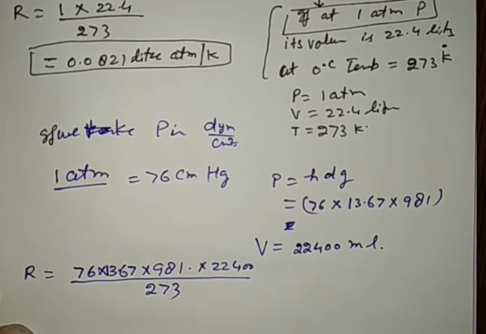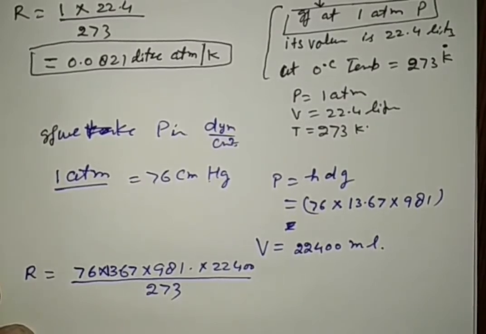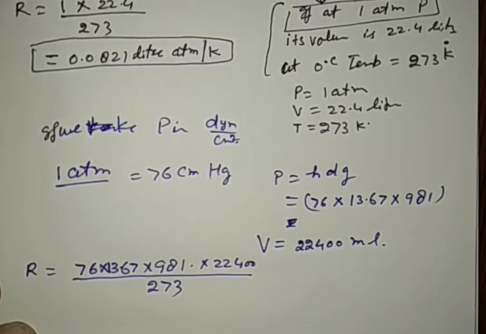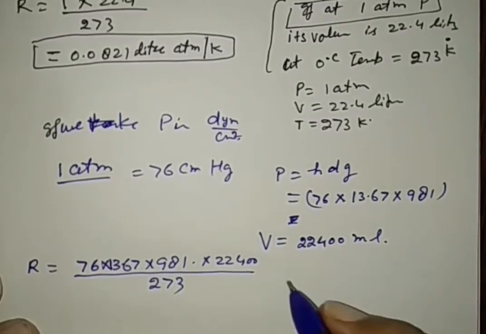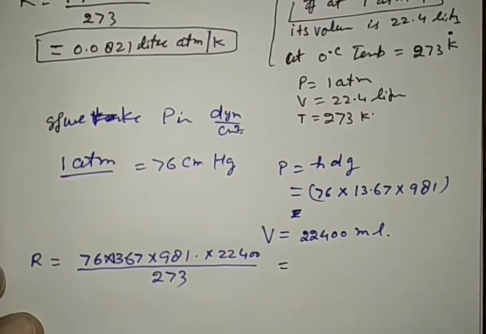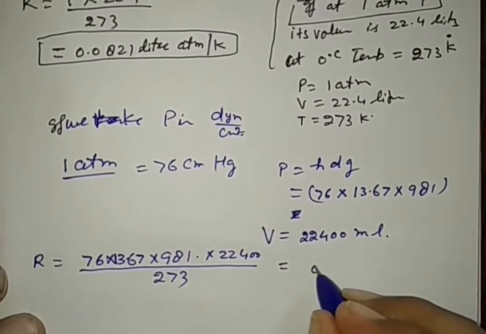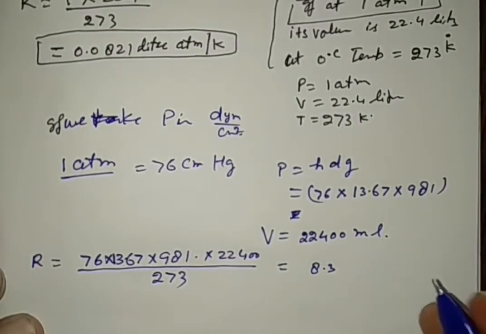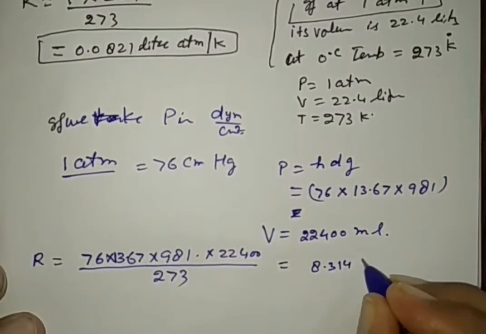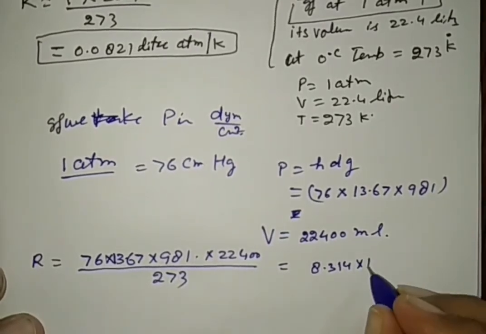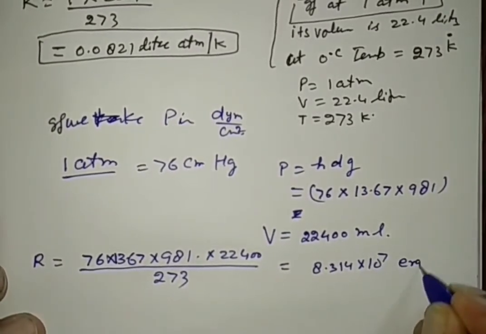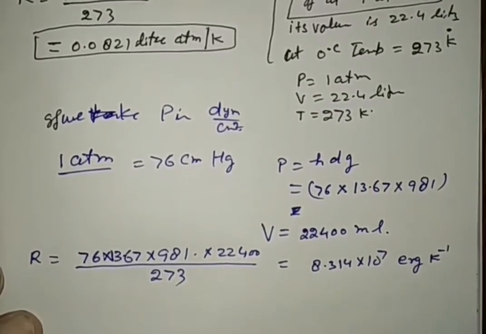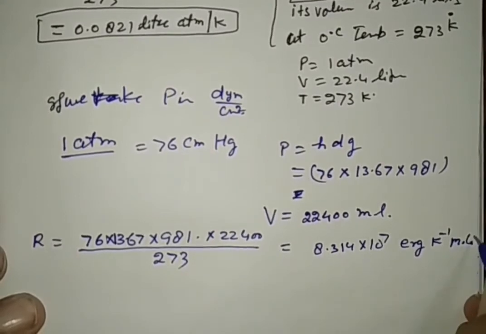By multiplying all these under these conditions, we obtain 8.314 into 10 to the power 7 erg per Kelvin per mole.